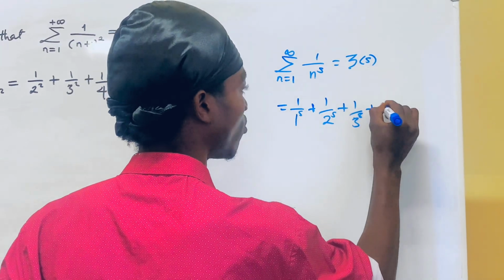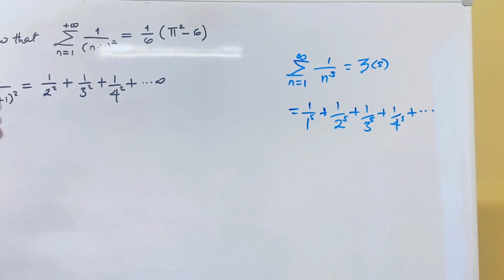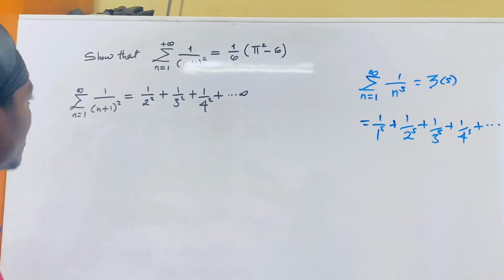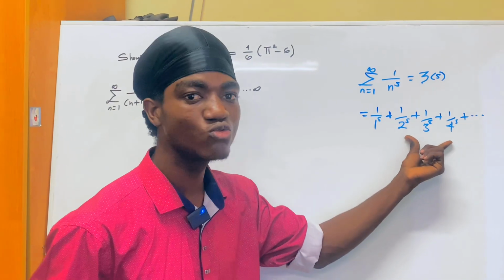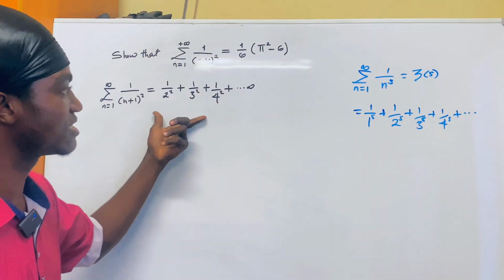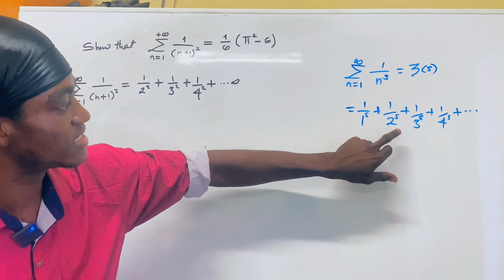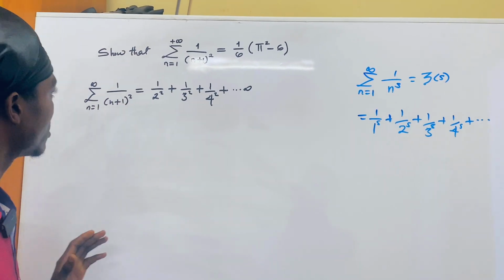We plug in 4, we have 1 over 4 to the s, plus, and this continues forever. So if you compare this and this, it means that our sum here starts with what? 2. It means that 1 is missing from here, because we start with 2.